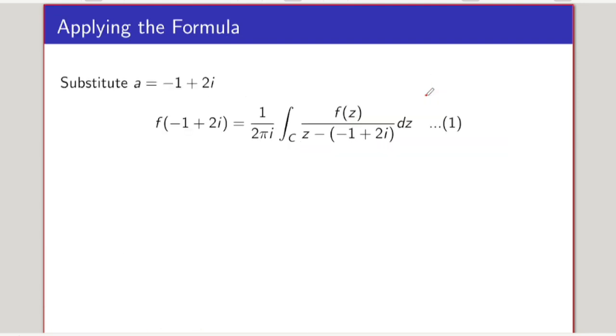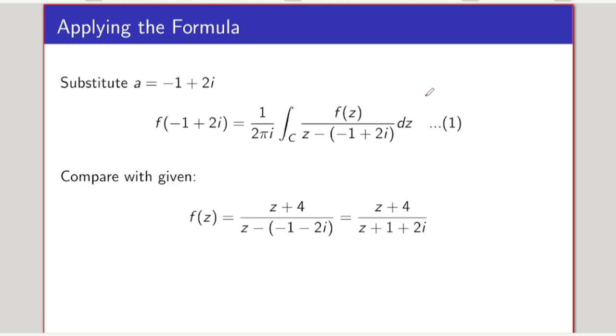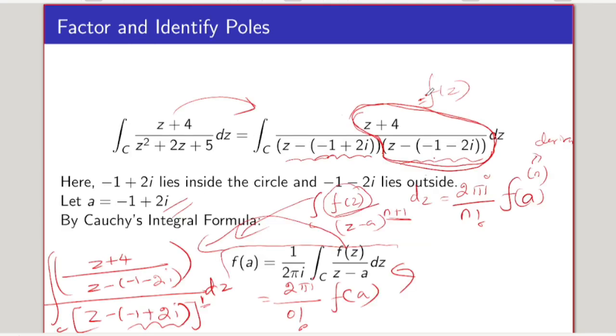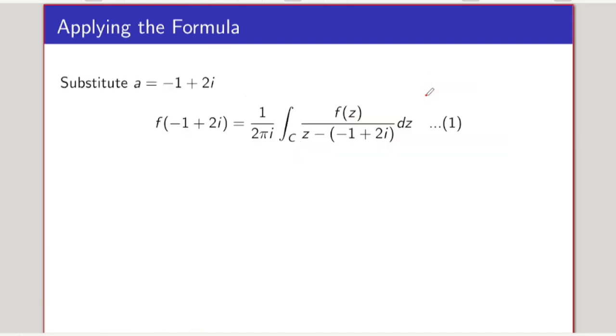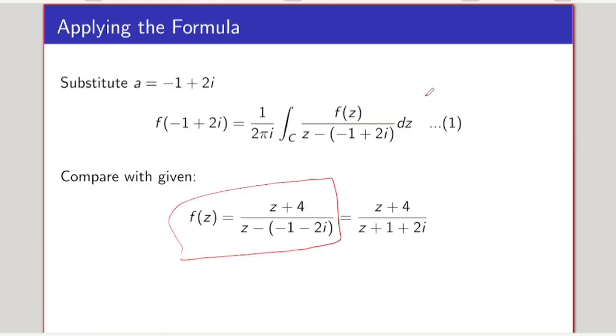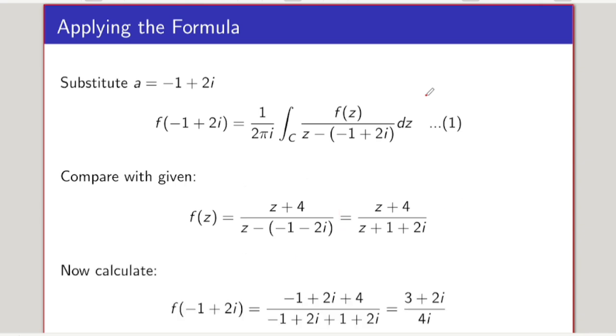So f(z) will be (z + 4) by (z - (-1 - 2i)), as per our consideration. What I took on the last page, z - (-1 - 2i), I am taking the same. Okay. So at the simplification I am getting this.